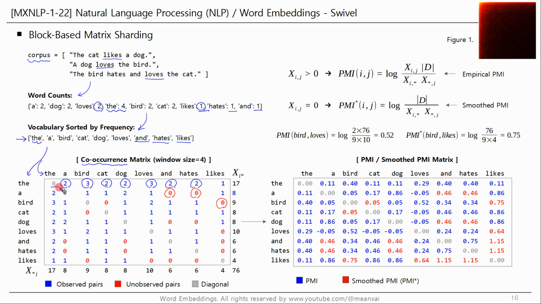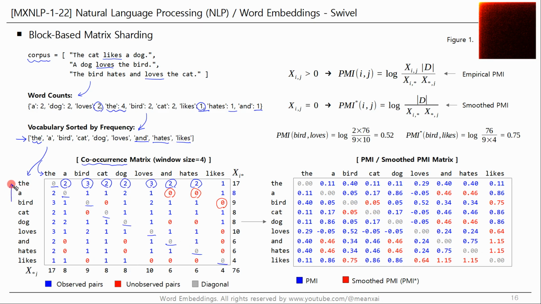The gray numbers on the diagonal represent a word co-occurring with itself. We set all of these diagonal values to 0. These entries are neither treated as observed nor unobserved co-occurrences. Instead, they are excluded from training.